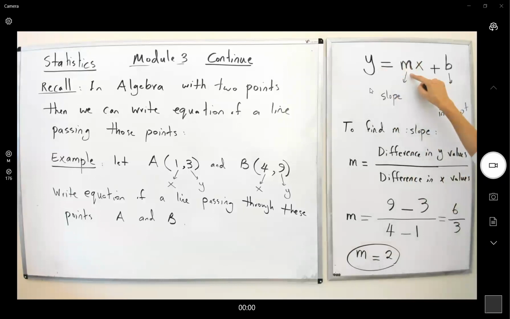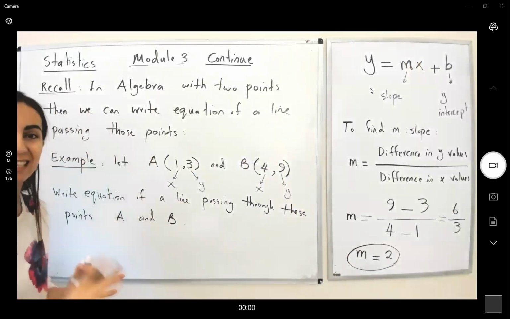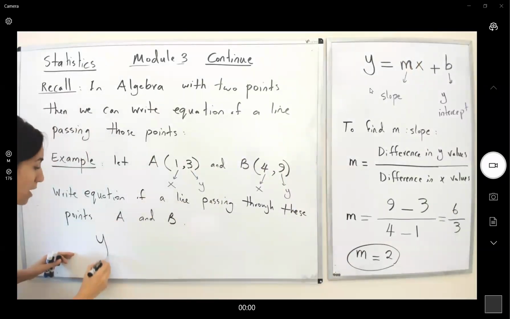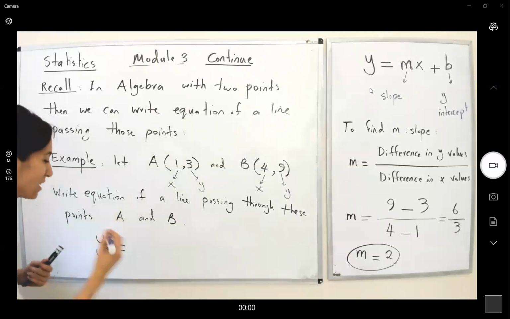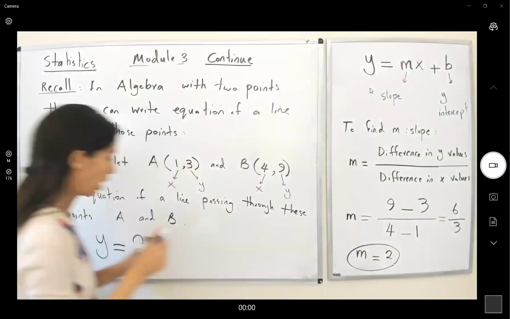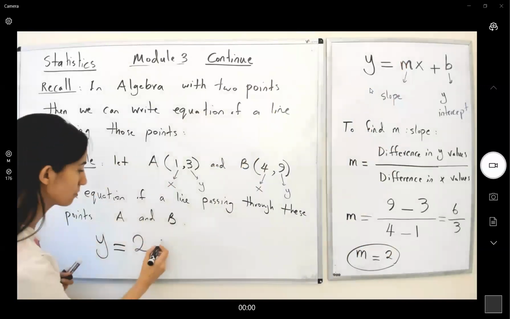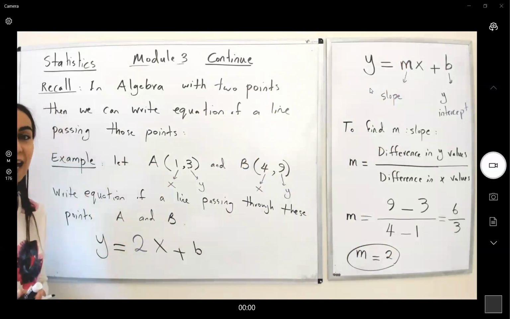We found m. What is missing? b is missing. So you can write some part of the equation this way. My y, or my dependent variable, is equal to 2 times x, where 2 is the slope, plus another number which I don't know yet.